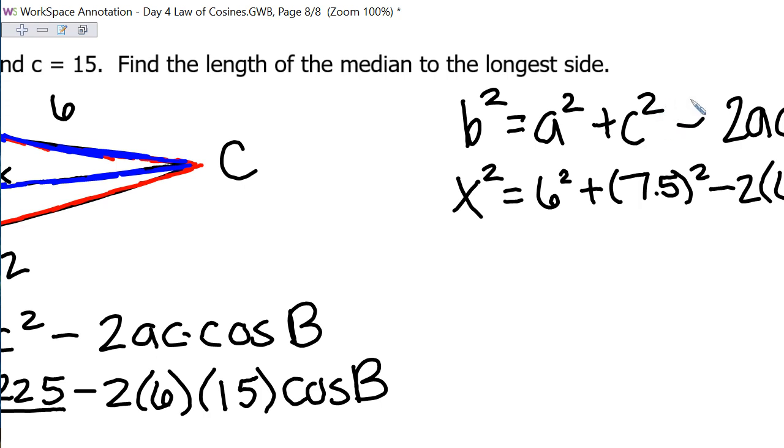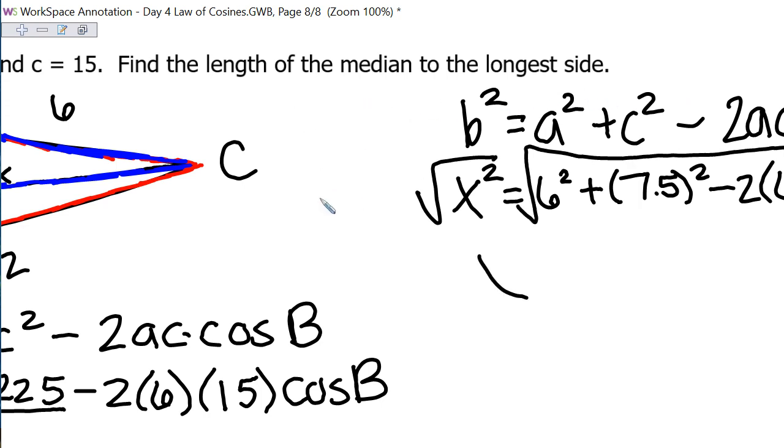The inverse of squaring would be square root it. And the length of that median, we need to round to the nearest tenth, and what would that be to the nearest tenth? 5.8. We agree? Yeah? Okay, 5.8.